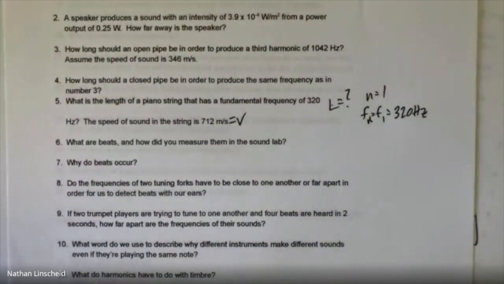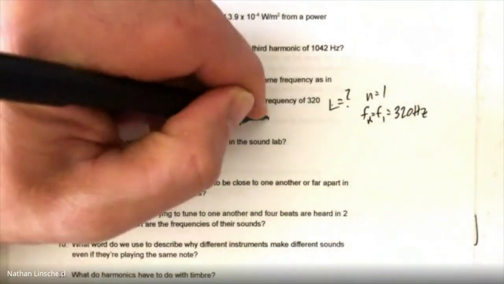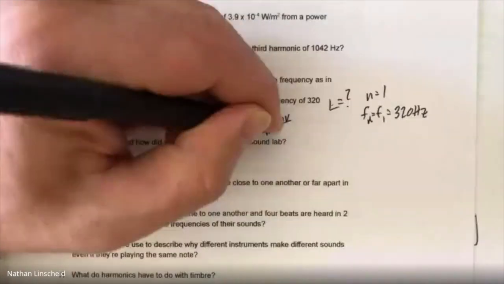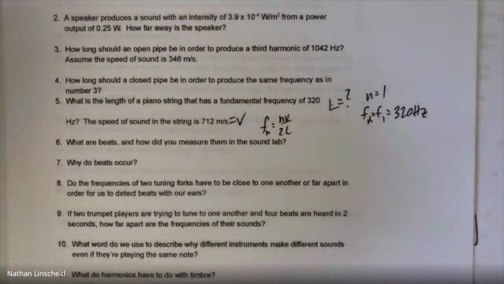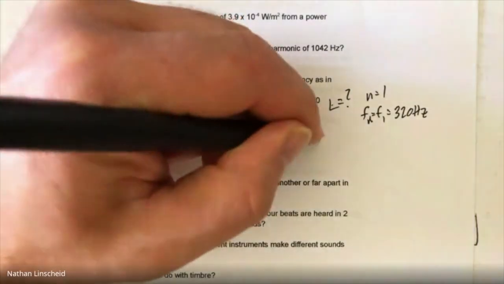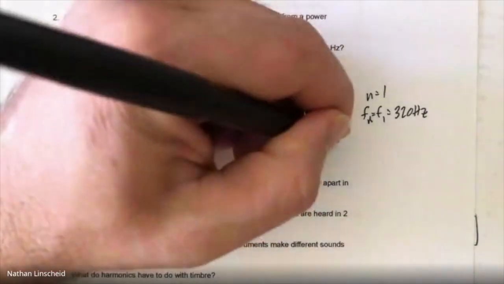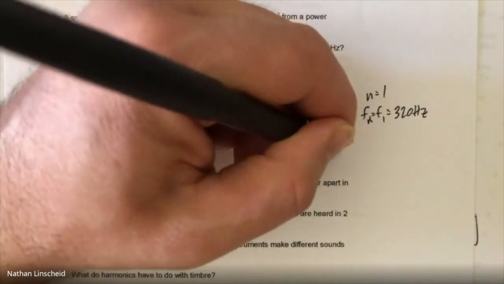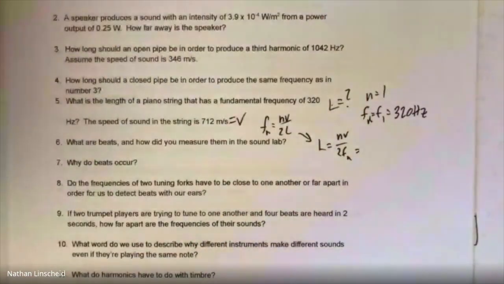Okay, so the harmonic equation for a string is the same as it is for an open pipe. Fn equals NV over 2L. In this case, n is 1. And again, we're looking for L, so this is going to be L equals NV over 2Fn.